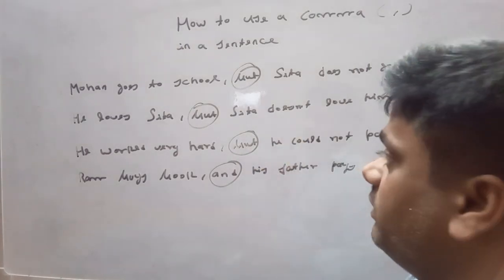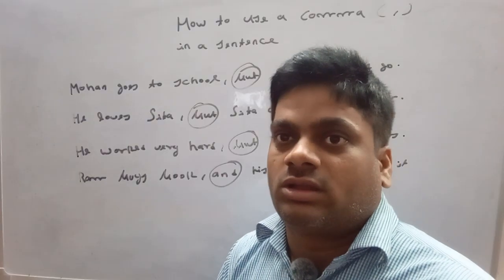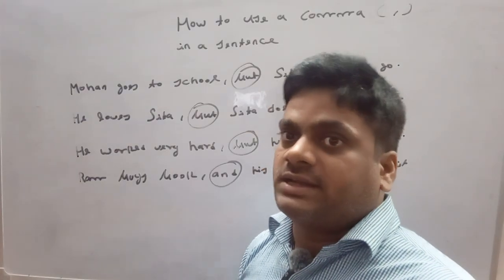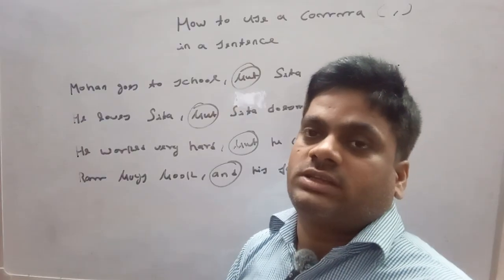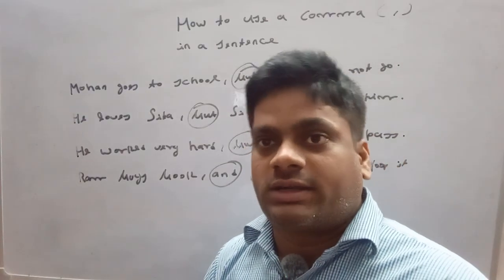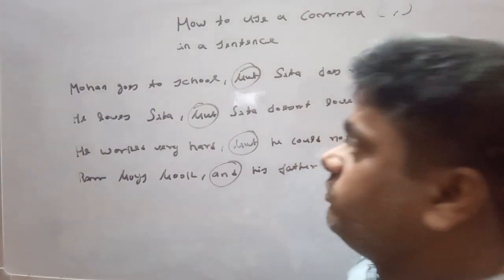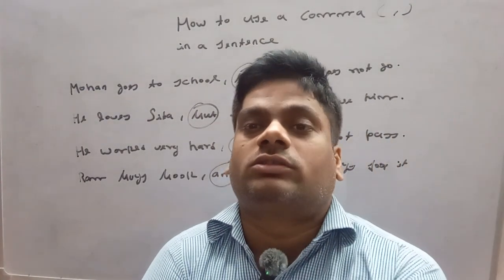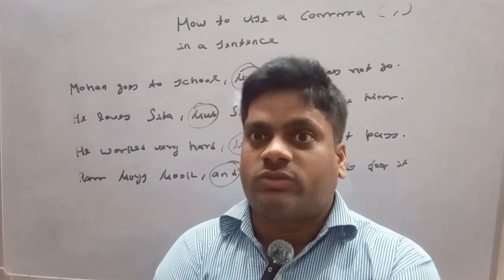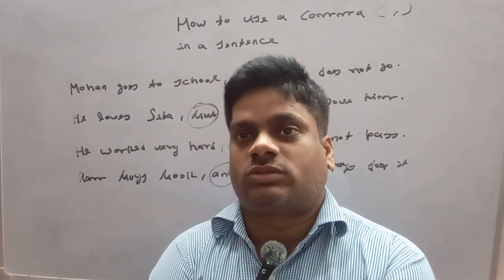Both are connected with each other, so between these two sentences we have used coordinating conjunctions, and when we use them in a sentence, we can use a comma between these two principal clauses.